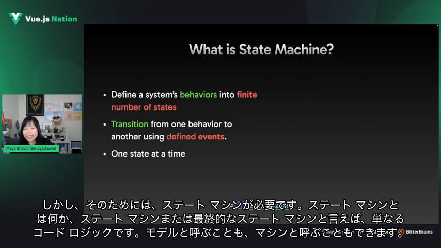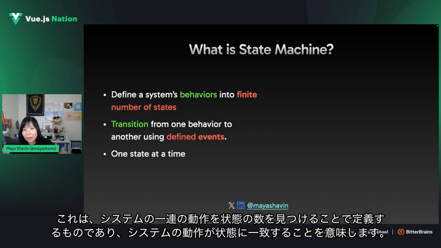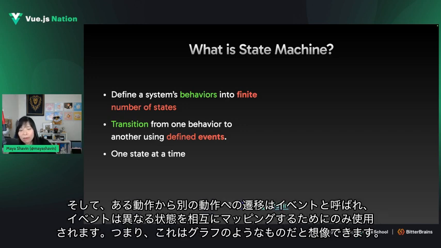Okay, so what are state machines? I would say a state machine, or finite state machine, is just a code logic, or you can call it the model, or you can call it a machine. What it does is that it defines a bunch of behaviors of the system into a finite number of states, which means a behavior of a system will be matched to a state. And the transition from one behavior to another behavior is called an event.